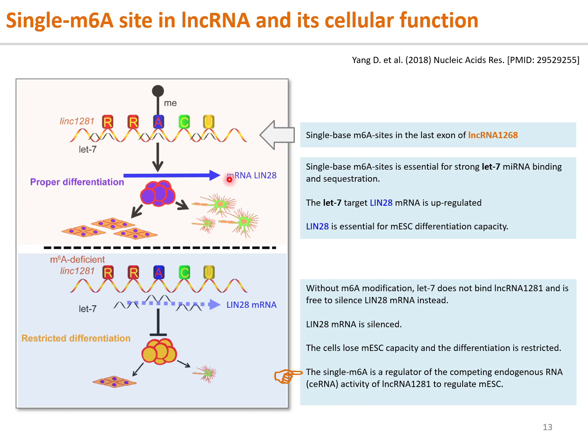Lin28 protein is effective for cell differentiation. Without m6A modification, let-7 is released from the lincRNA and the Lin28 mRNA is silenced. With that, the differentiation of cells is restricted. So this is an example of m6A regulating lncRNA as a competing endogenous RNA, or ceRNA.